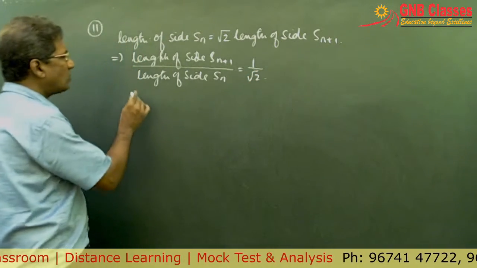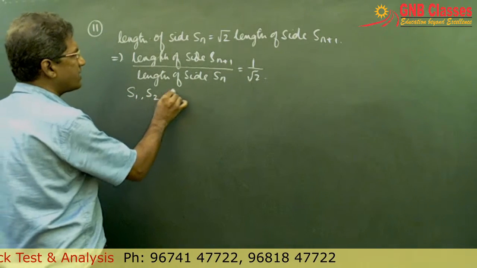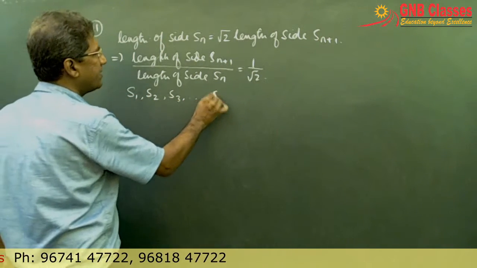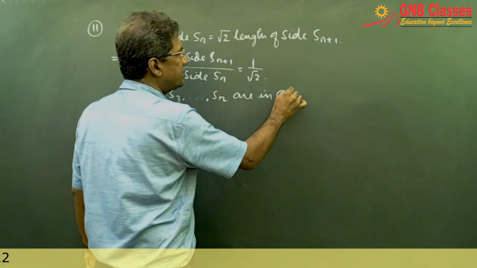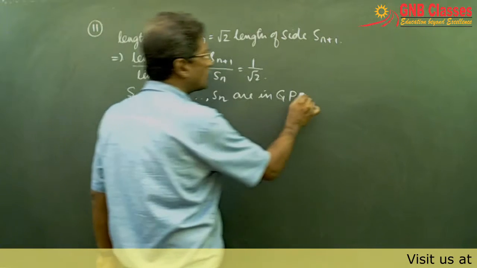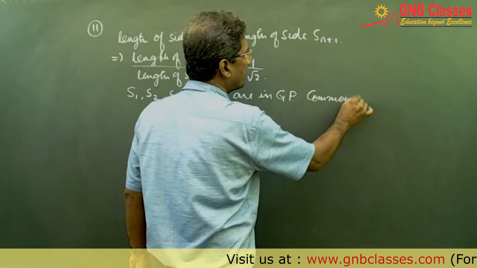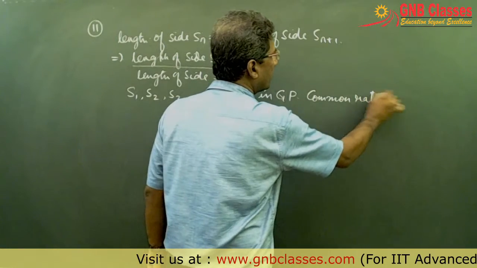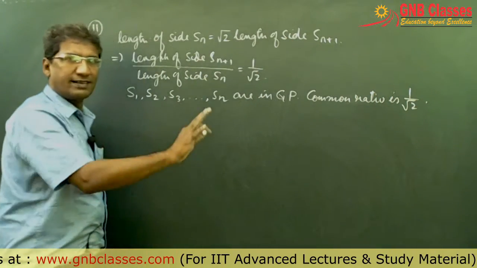Therefore, the lengths of the sides of the squares S1, S2, S3, ..., Sn are in GP whose common ratio is 1 by root 2. Do you accept this? Is it clear?